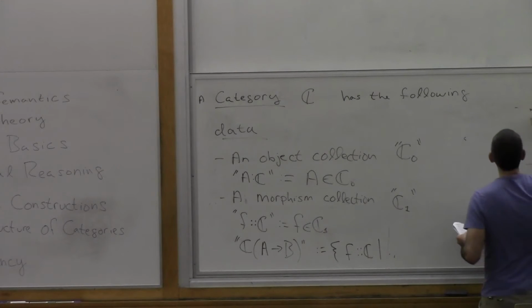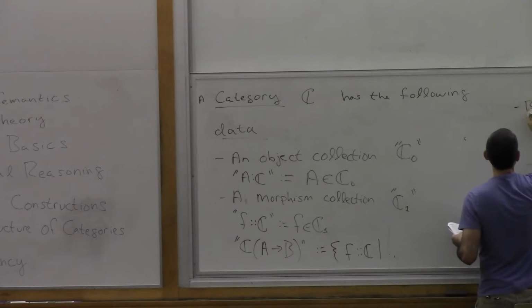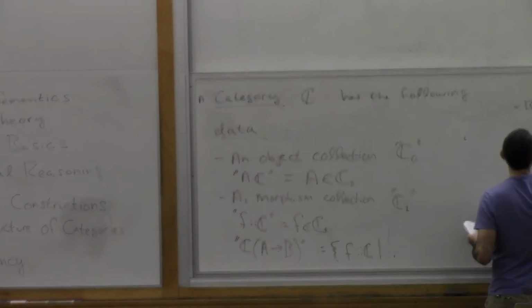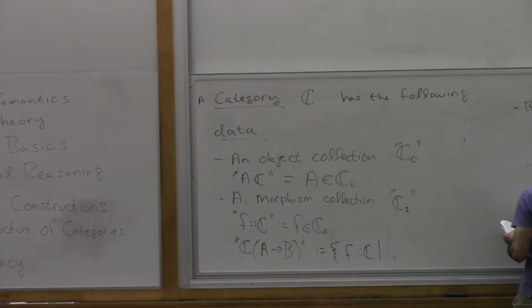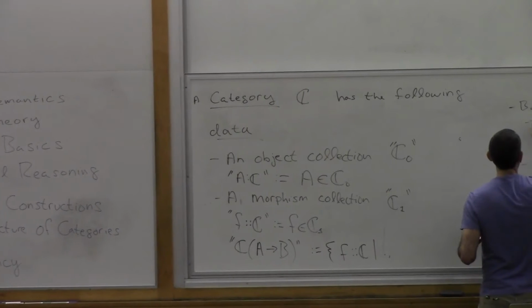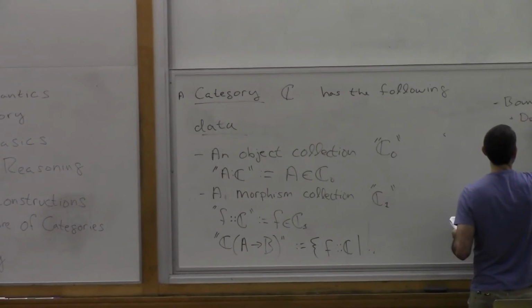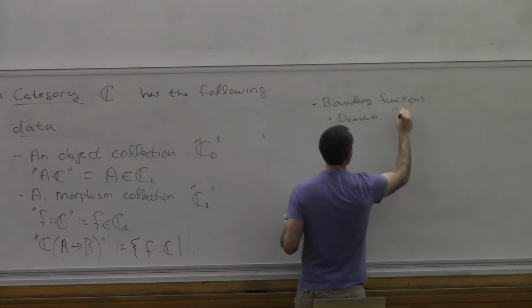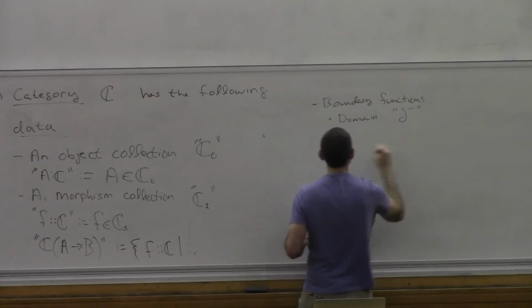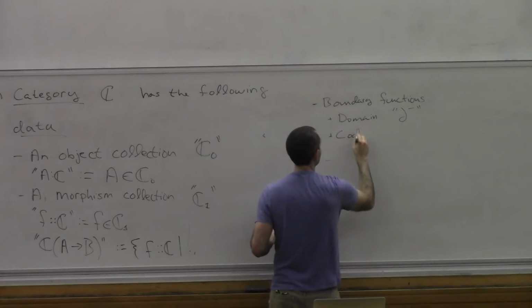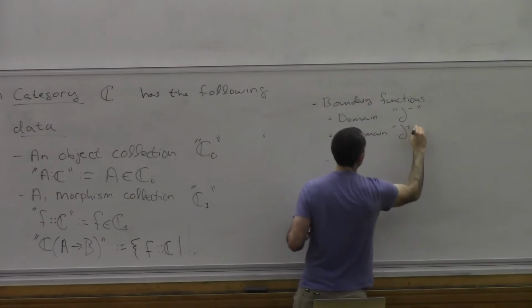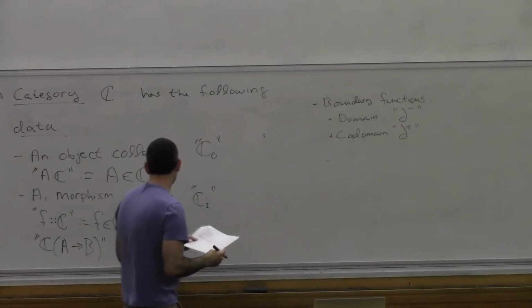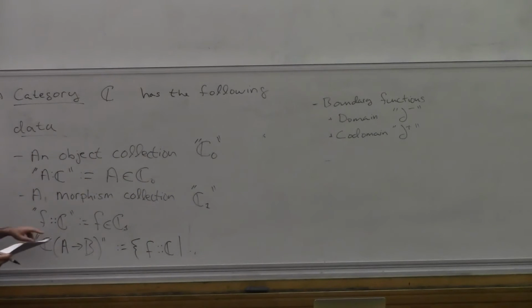We now have two boundary functions. These are domain, which I will write boundary negative, and codomain, boundary positive.